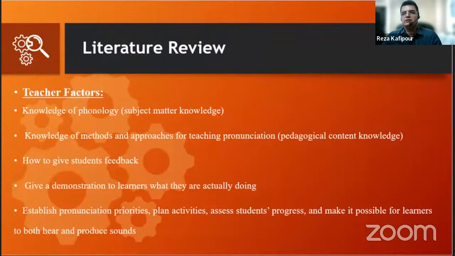For example, first working on consonants, then working on vowels, and after working on vowels, you may shift to voiced and voiceless sounds, for example, and plan activities, assess students' progress, and make it possible for learners to both hear and produce sounds. So all of them should be considered by a teacher if the teacher wants to have an effective teaching of pronunciation to get a satisfactory output from his or her class.